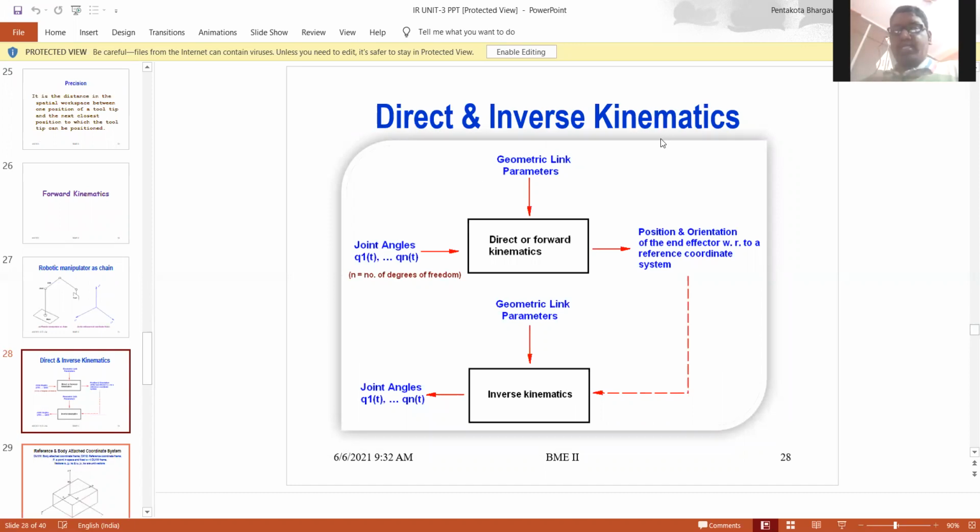Here the direct and indirect: direct of forward kinematics and inverse kinematics. Here the joint angles Q1 to Qn of t.